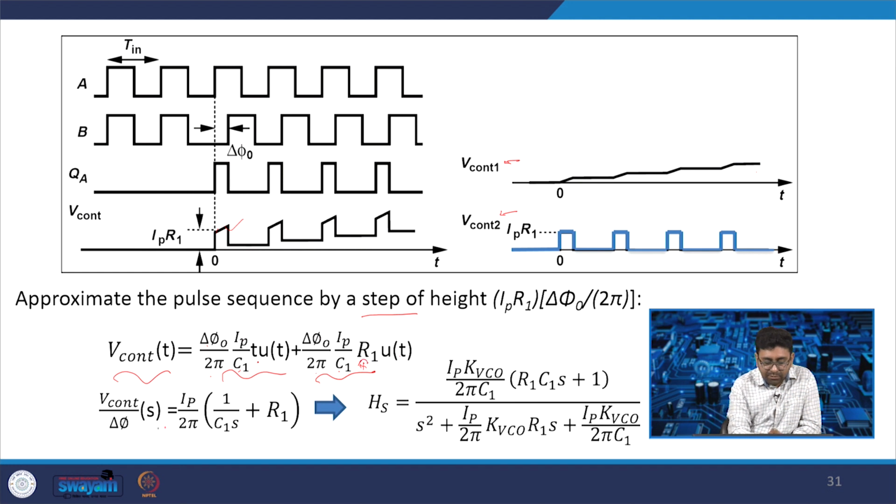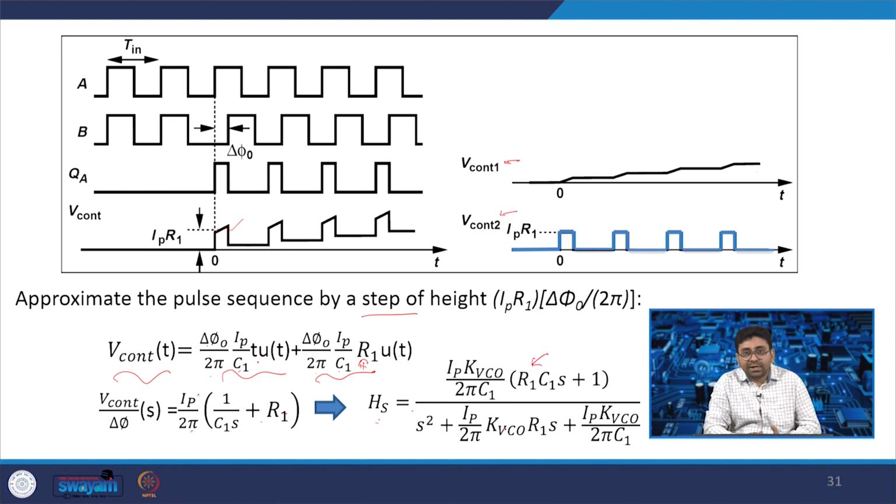Now, Vcontrol/Δφ(s) is given by Ip/2π times (1/(C1 s) + R1), and the transfer function H(s) is given by this equation, where we are considering both R1 and C1.